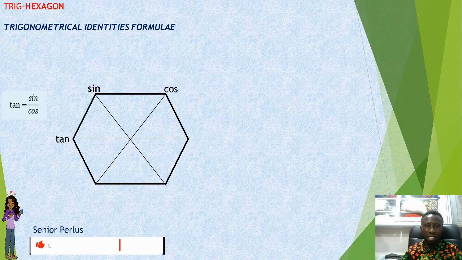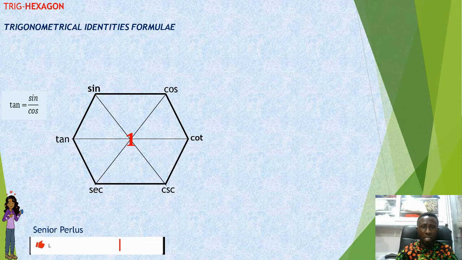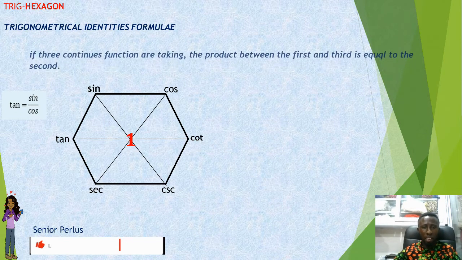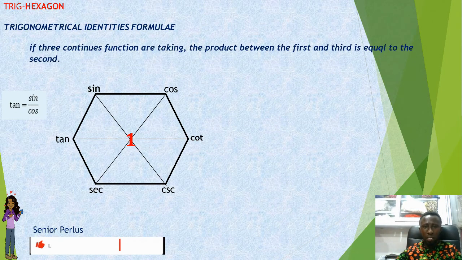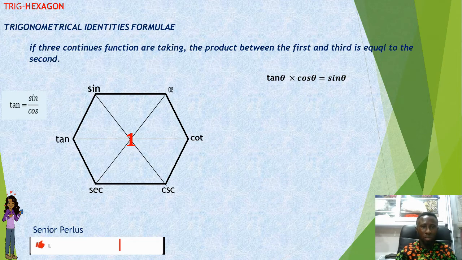Next on the presentation, when 3 continuous functions are taken, the product between the first and the third is equal to the second. Then tan times cos is sine. Sine times cot is cosine.